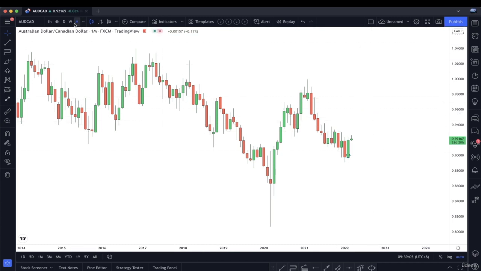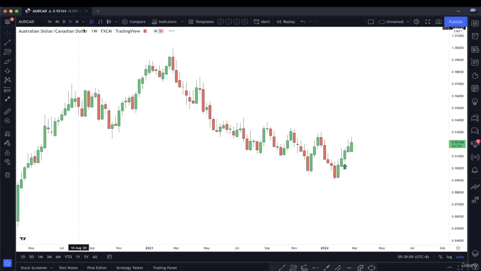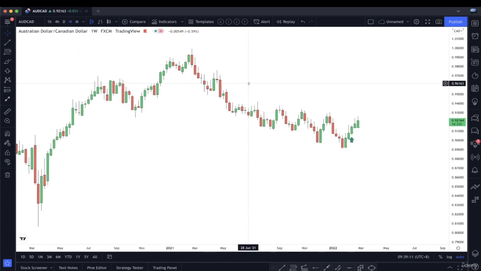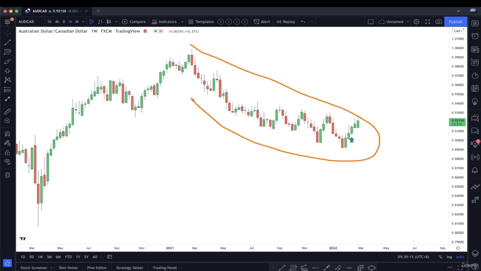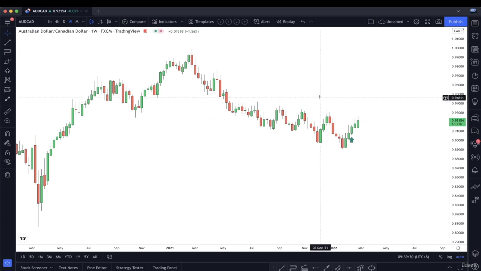Now we need more confirmation, so we're going down to the weekly time frame. Now looking at the weekly time frame, this is the monthly pullback. Since there are more candlesticks on the weekly than the monthly time frame, we can see a short-term downtrend here on the weekly time frame.